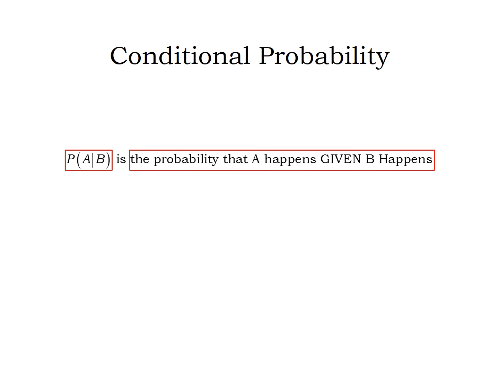We're no longer looking for the probability of an event happening in a vacuum. We're looking for the probability that the event A happens under the circumstances, knowing or given that B happens. That's why this is referred to as conditional probability. That vertical line is not a division, it's not A divided by B. That vertical line literally is read as the word given.